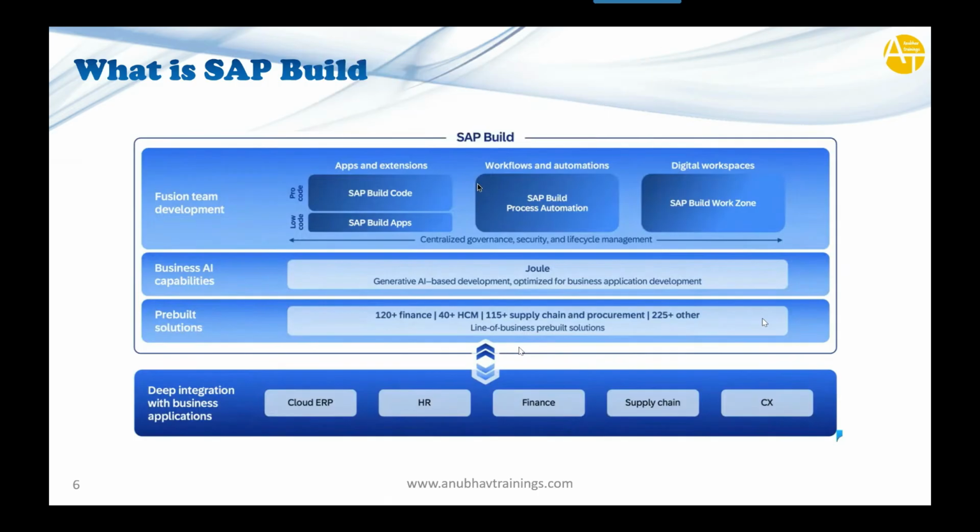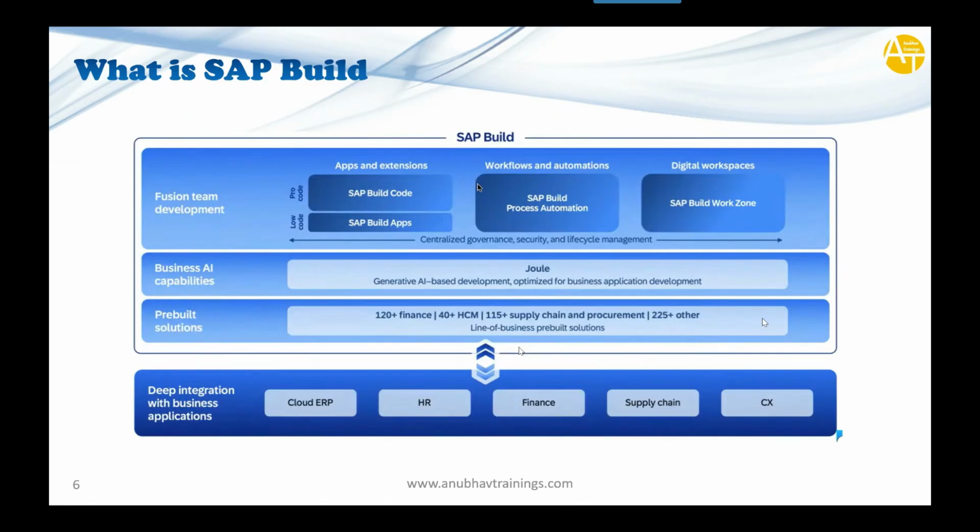So SAP Build is a suite of products available in the cloud on the BTP platform, where you mainly get three different capabilities for Fusion teams. A Fusion team is a team of consultants and developers: pro developers who are very good at coding, intermediate developers, and people who have very little coding experience.